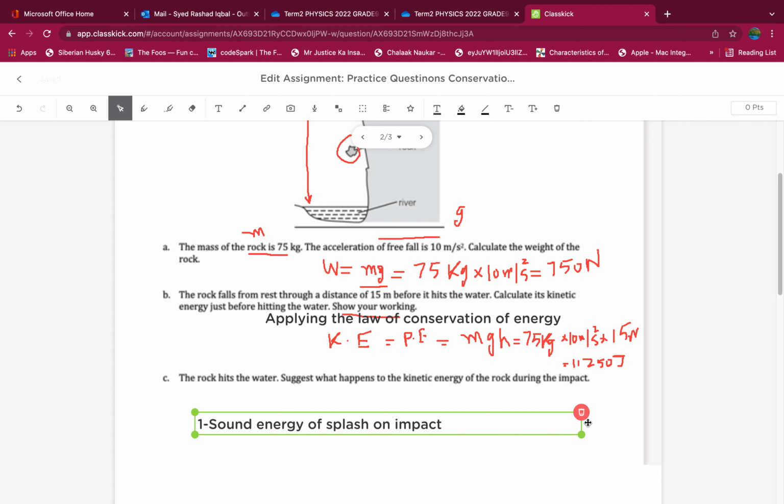Second thing is thermal energy as heat in the water. And the other thing is kinetic energy of the moved water. So these are the different uses.